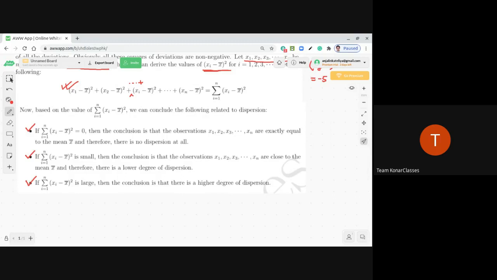Then what we can say, dear students, or I can place that statement in the form of a question. So the question is, can we say that the sum i equal to 1 to n (xi minus x bar) whole square is a proper indicator of the degree of dispersion or scatter?